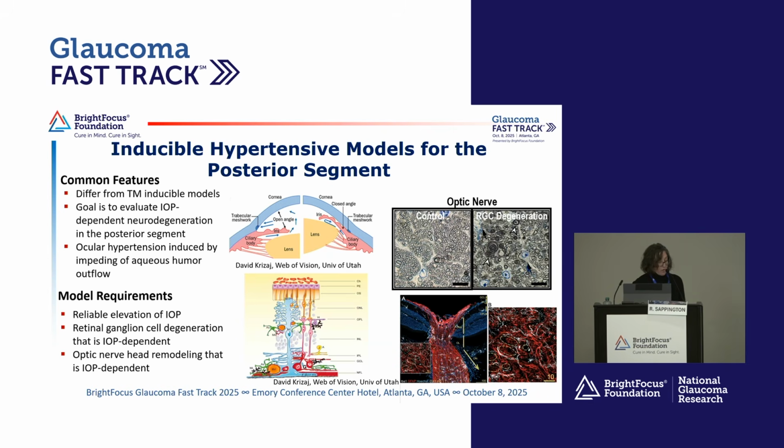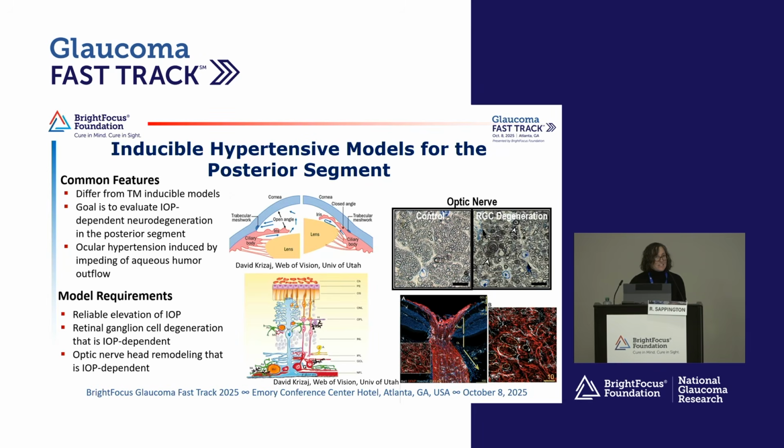And the model requirements at a very kind of simplistic and fundamental level is that in a pressure-induced model, you need to have a reliable elevation of IOP, right? And then you need to have retinal ganglion cell degeneration that can be tied to that elevation in IOP that you created.